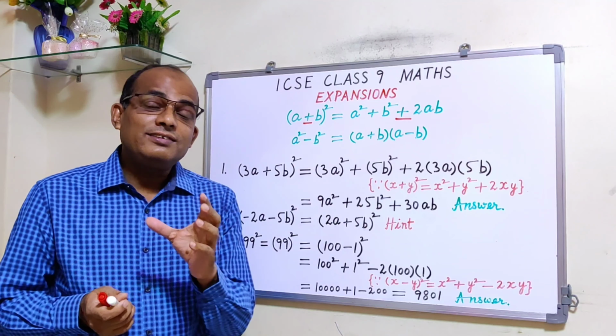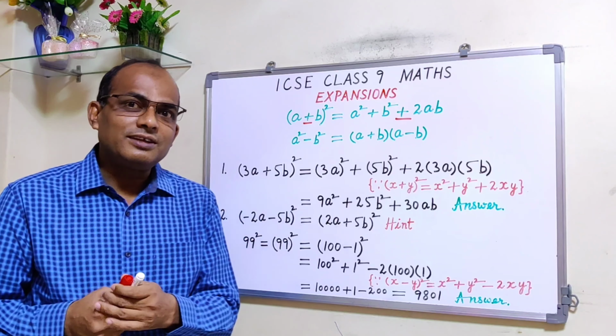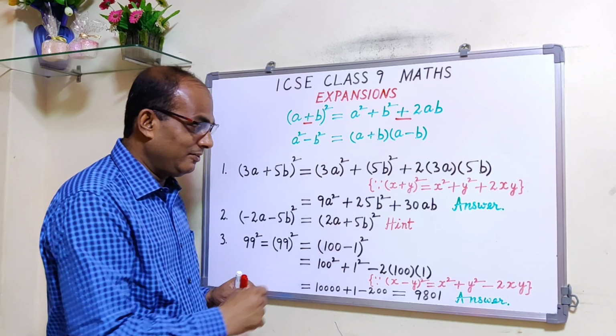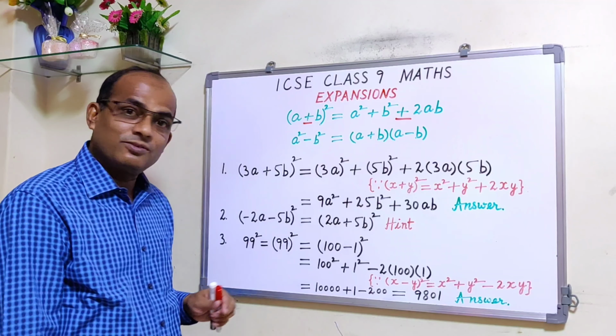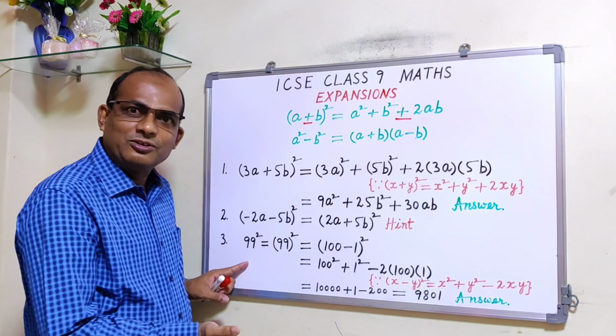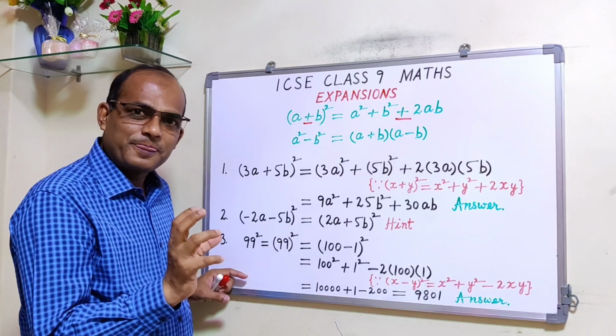Now one question may arise for some of the students, why is the teacher writing 100 minus 1, why not 98 plus 1? I mean 99 you can write as 98 plus 1 also, no? So I am answering this question.